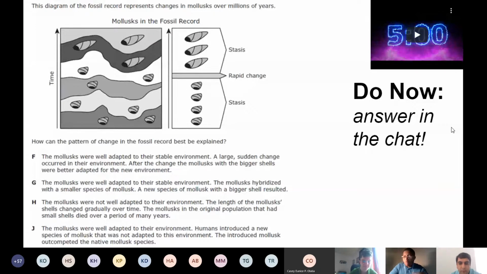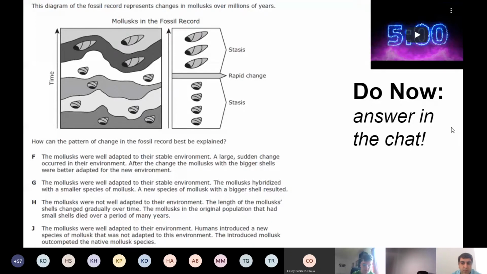I can. I chose F because it made the most sense. G didn't make very much sense because the new species wouldn't breed like that just out of nowhere, because it wouldn't be that big of a change that fast.